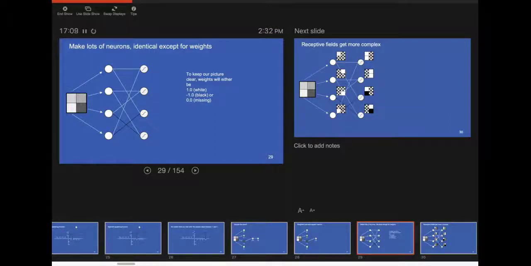But for this example, and especially to study the receptive fields of the neural network, we will just assume that whenever there's a white edge, it's +1 weight. Whenever there's a missing edge, there's a 0 weight, and if it is a black edge, it's a -1 weight. It's just a simplifying assumption. So with that in mind, I'm showing you an example of what this second layer could look like, which is taking some combination of the inputs and passing them through some sigmoid function.